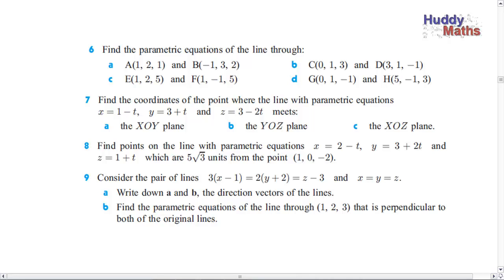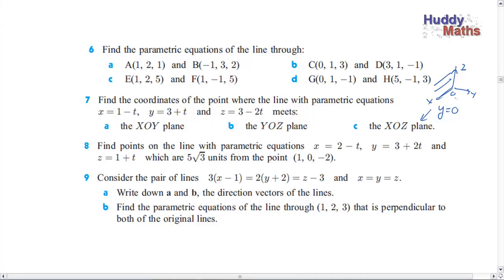I'll give you a hint: on the x, o, z plane, of course, y will be 0. The x, o, z plane has y equals 0. So it's specifying one of the coordinates, and therefore we can specify t.